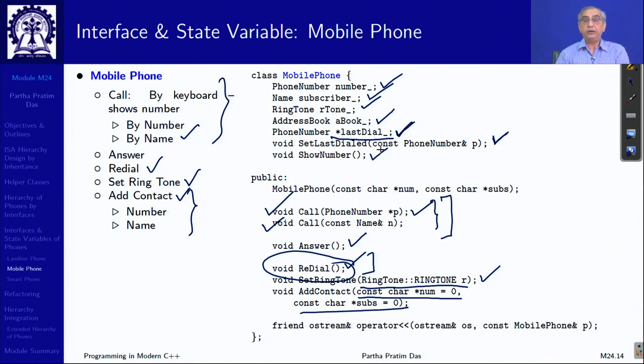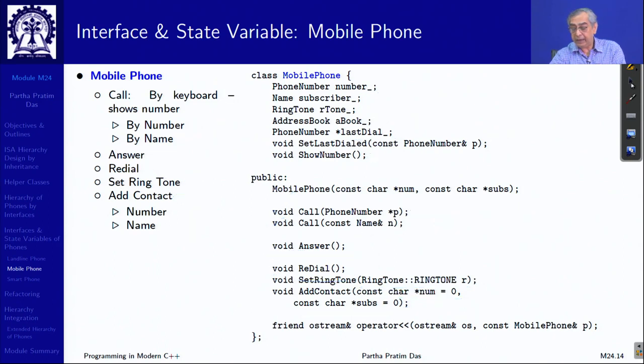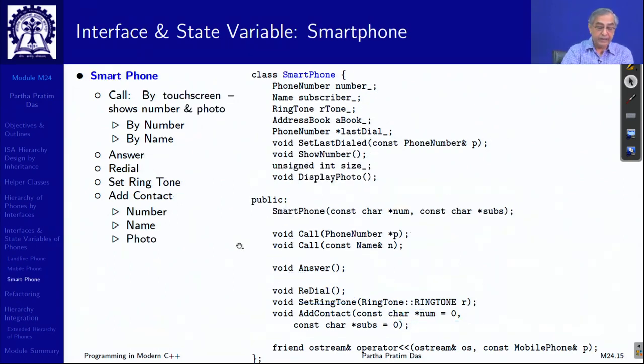Similarly, I have one for showing the number, which will help us in terms of debugging. We also have the output streaming. Once you get this idea, then you will understand that when we take it further in terms of the smartphone, the things just keep on happening in the same way.